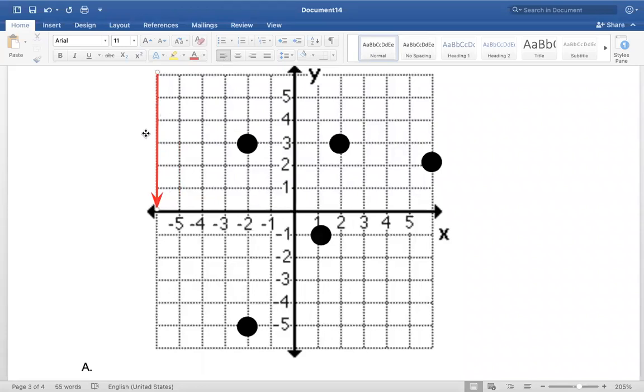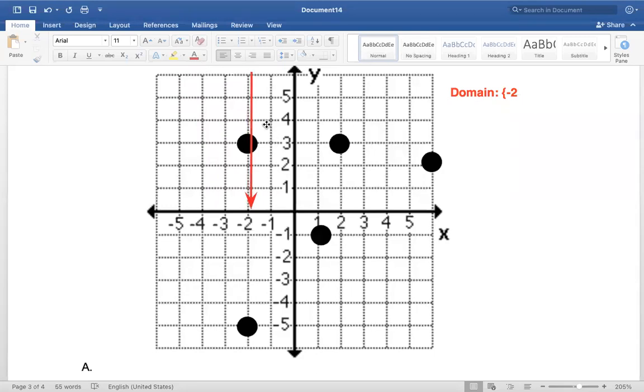There's nothing here at -6, nothing at -5, nothing at -4, again, nothing at -3. Now at -2, we have a dot here at the top and a dot here at the bottom. We don't have to list it twice, but that's going to be the first number in our domain.